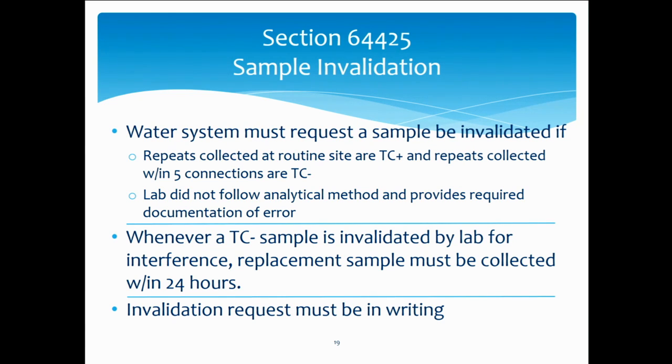Sample invalidation requirements are essentially the same. I don't know if the existing TCR, I can't remember, has a requirement that the invalidation request be made in writing, but it does in RTCR.